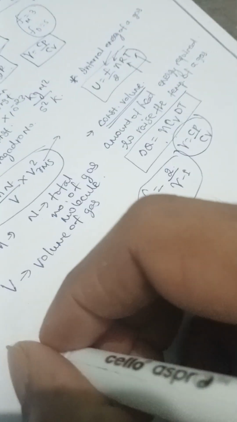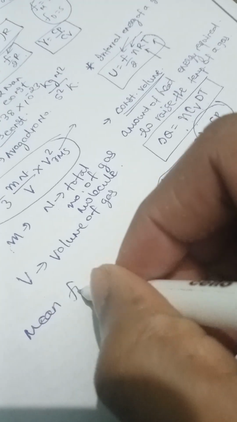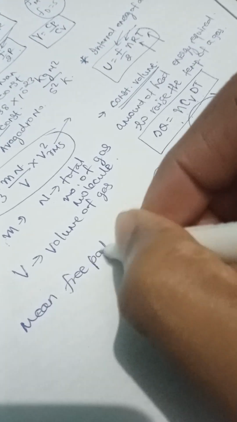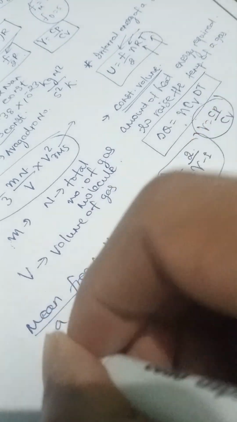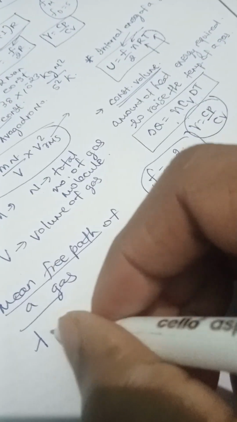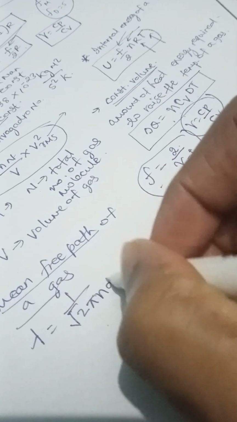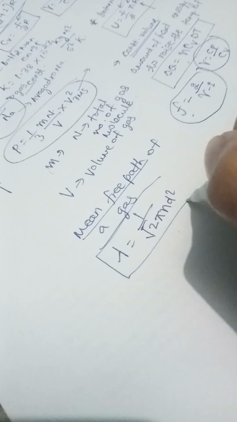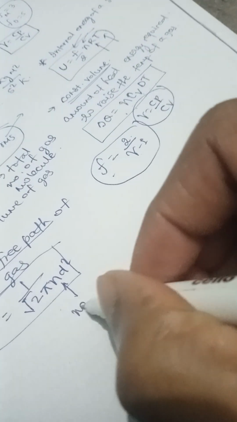Right? Now one very important formula is the mean free path of a gas. It is denoted by lambda, and lambda is equal to 1 upon root under 2 pi n d square. So from here, what is n? n is the number density.